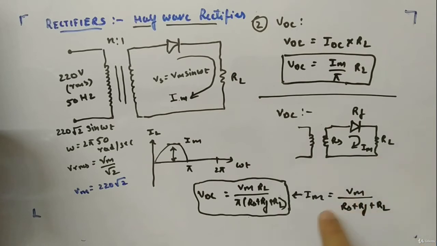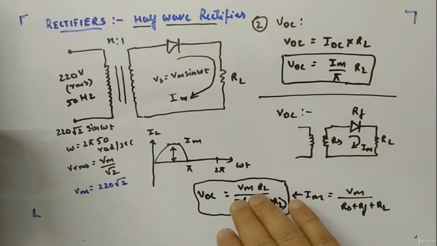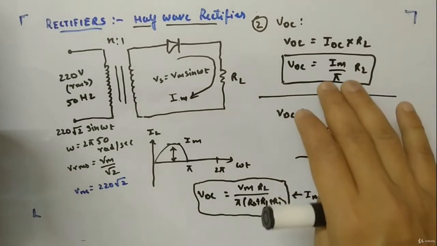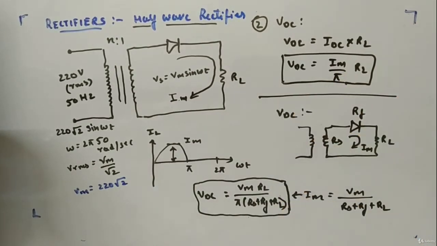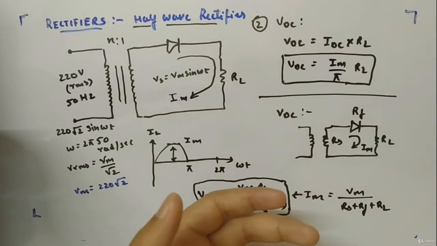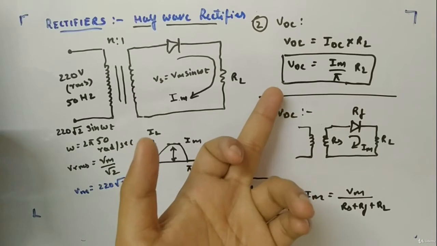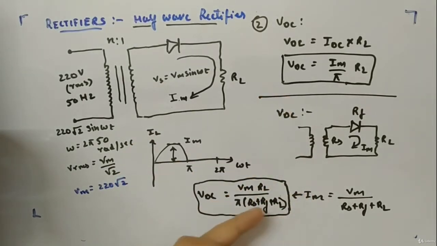And if you plug the value of Im here, you will get VDC is equal to Vm divided by Rs plus Rf plus RL into RL divided by pi. So this will be more accurate in terms of voltage. Input voltage we know, and RL, Rs, Rf, all these things we know. If Im is given then it's fine, but this is more direct because all the terms we will be knowing.